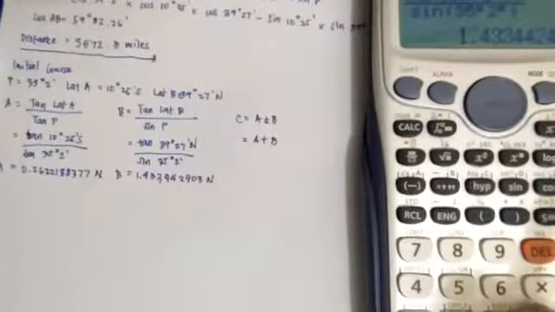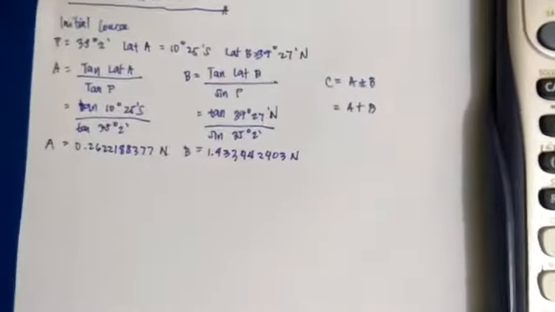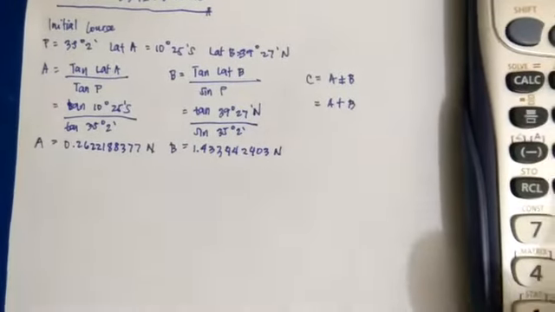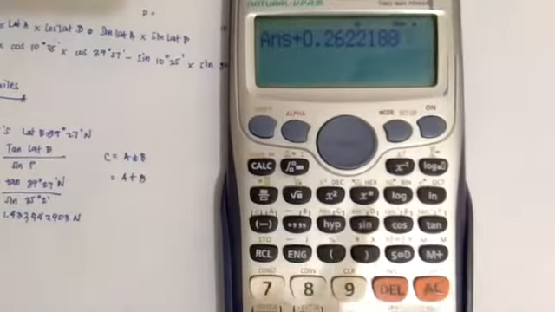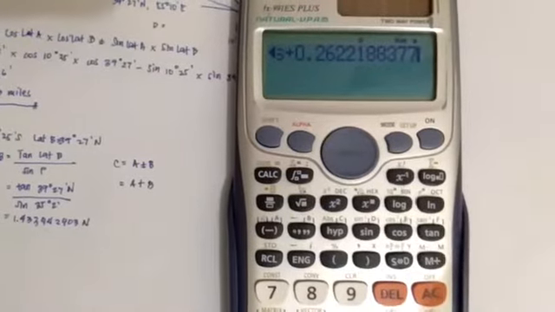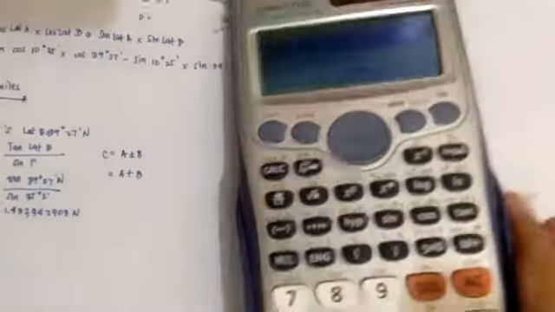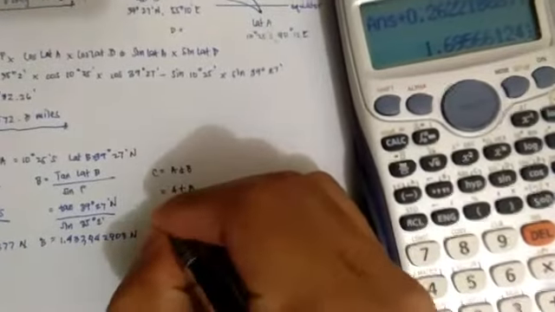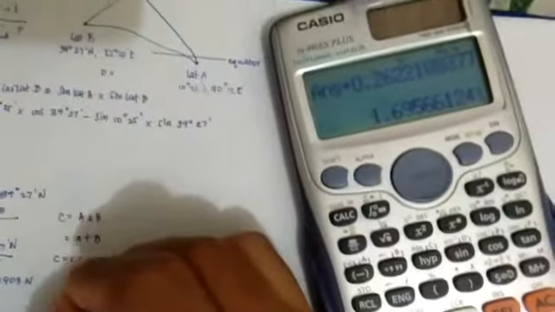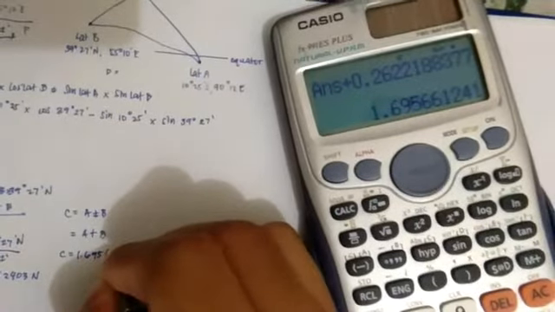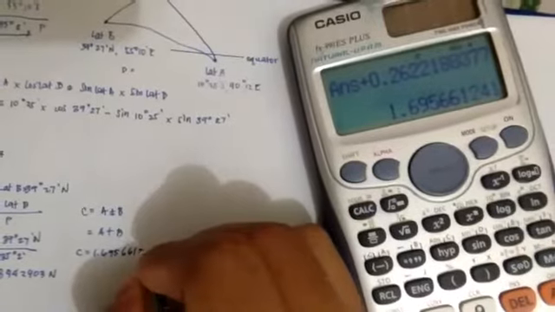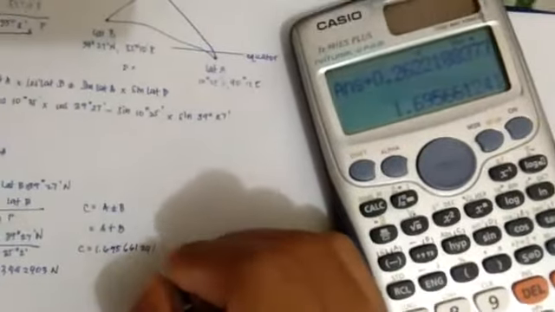We already inputted it in our calculator, so we need to add for A, which is 0.2622188,377, and we will get 1.695661,241 as our C. So we already have our A, B, and C.